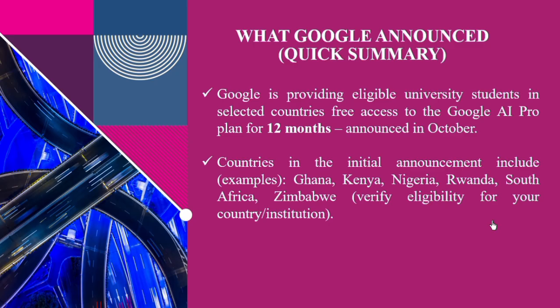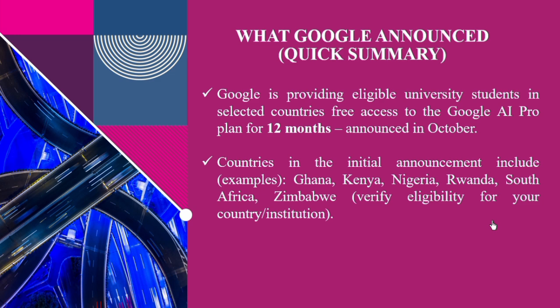Now, first of all, this Google Gemini AI is an AI just like ChatGPT. Google announced in October earlier this month that eligible university students in selected countries in Africa will benefit from this Google AI for free for 1 year.